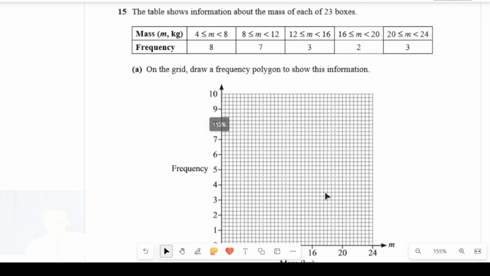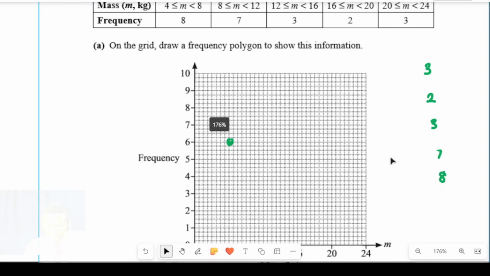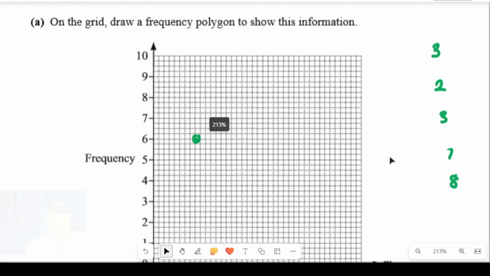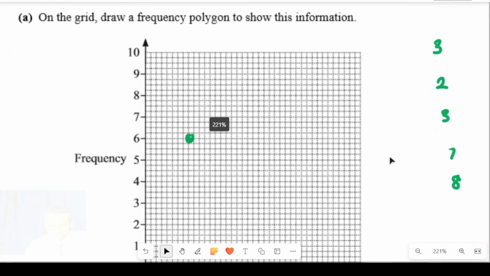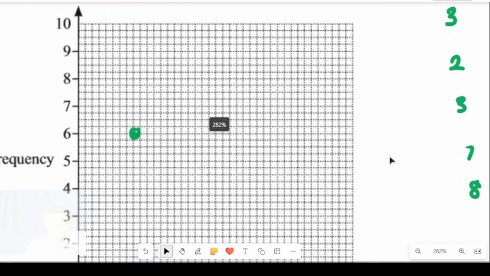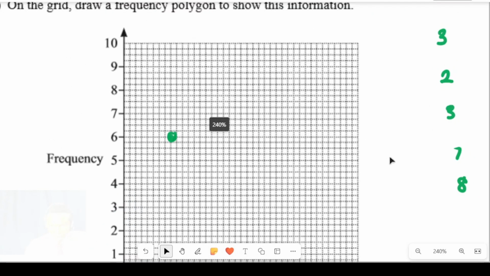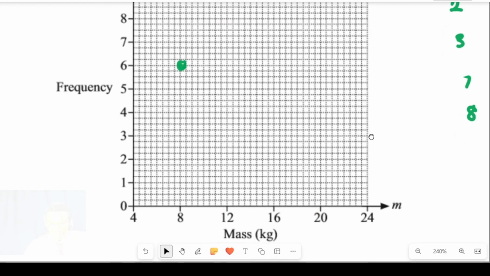Now the table shows information about the mass of each of 23 buses. On the grid, draw a frequency polygon to show this information. When you are plotting this, you use the middle value.